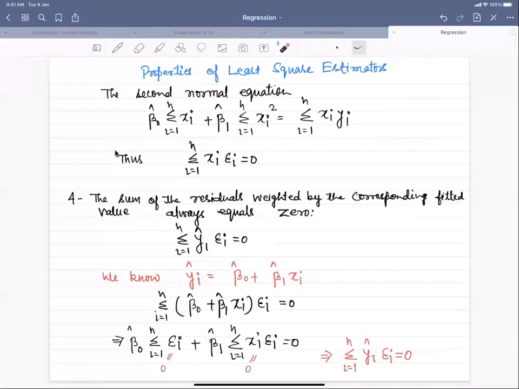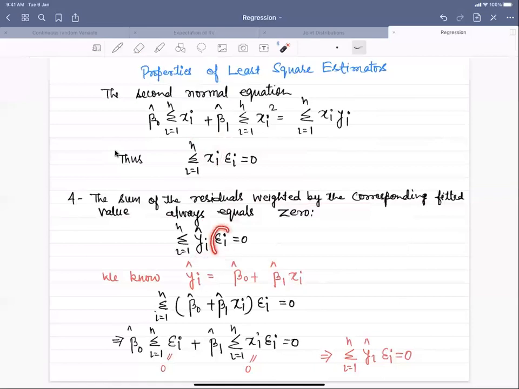Similarly, one other property is that the sum of the residuals weighted by the corresponding fitted values is always equal to 0. Earlier it was for xi's, now it is for yi caps. So summation over i=1 to n yi cap epsilon i equals 0.